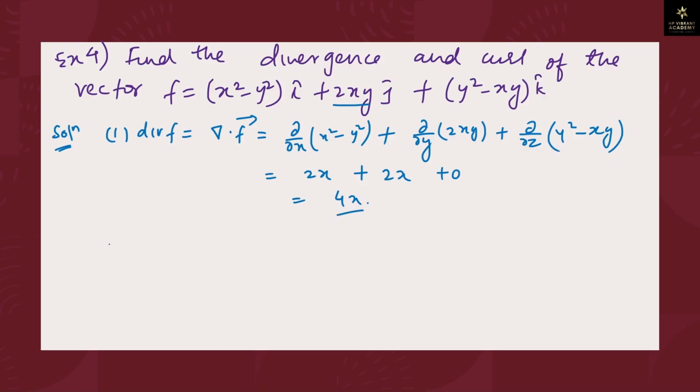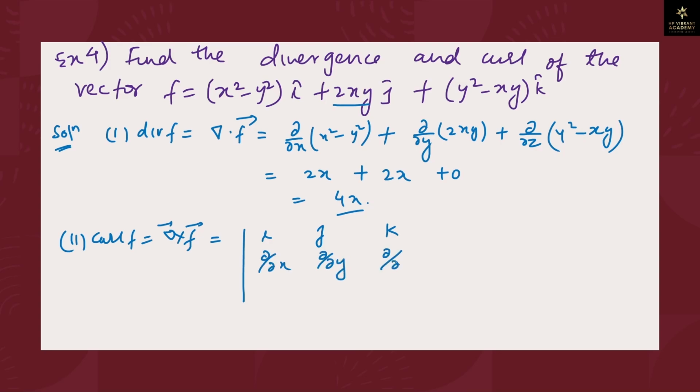So let us find curl of f. So curl of f is del cross f. Let us write down the components. So we have del upon del x, del upon del y, del upon del z, and the vector f has the components x square minus y square, 2xy, and y square minus xy.